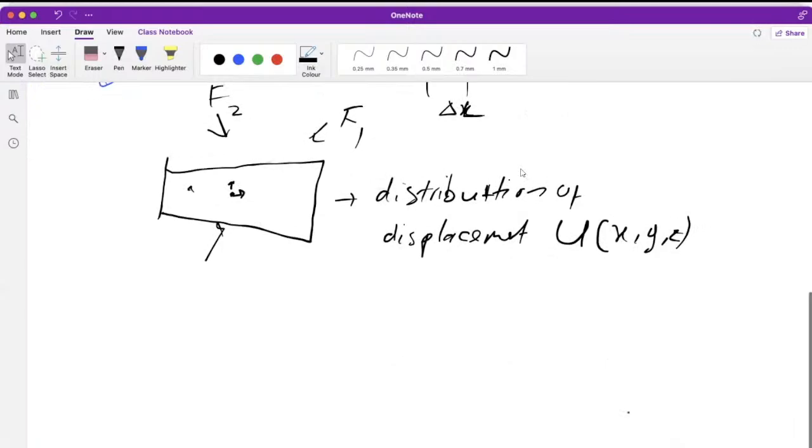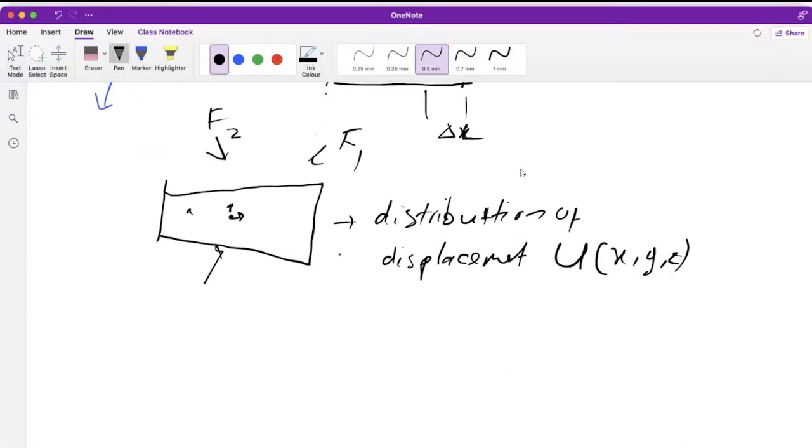So when you are looking at a model where you want to determine a distribution, it's how it's being distributed. It can be a scalar distribution, and it can also be a vector distribution.